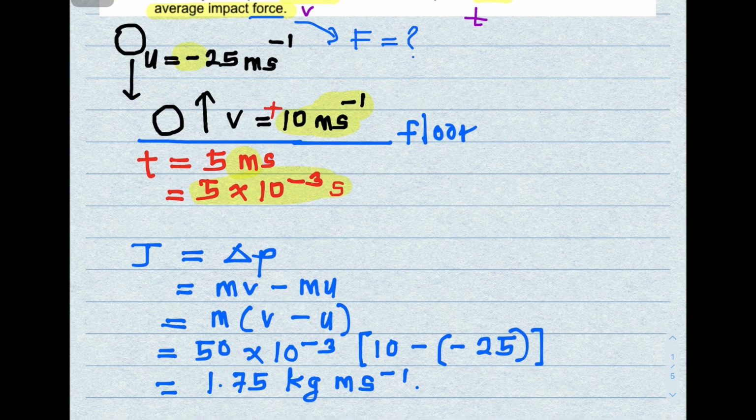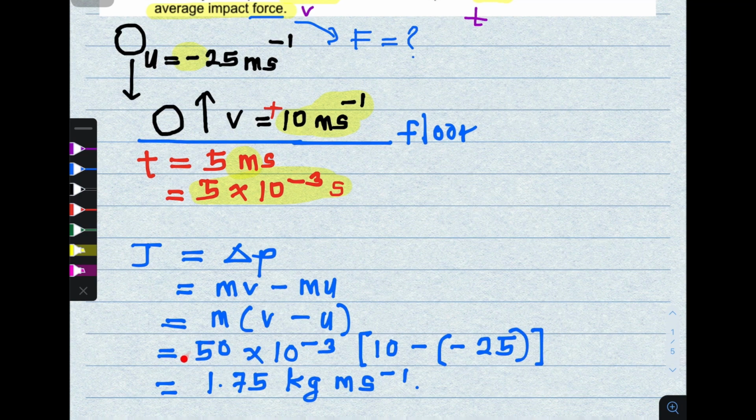Impulse is equal to the change of momentum. So from the equation, you can write it as mv minus mu. You can factorize it, so it will become m in the bracket of v minus u.